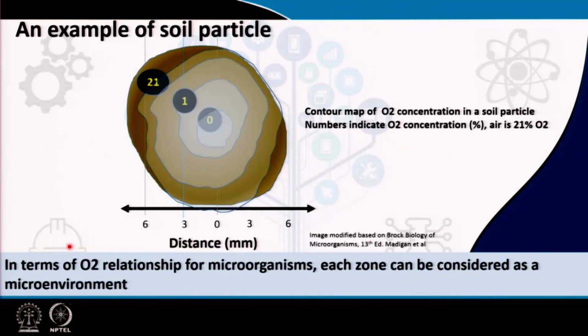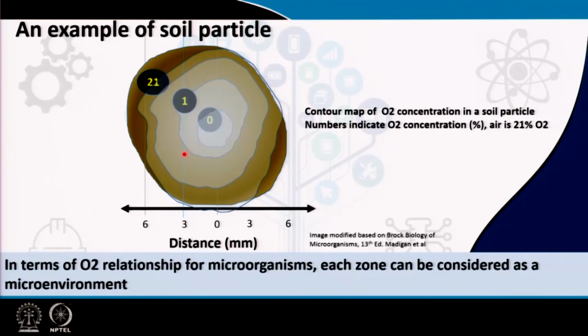Now, in terms of oxygen relationship for microorganisms, there are zones which typically lack oxygen, or have just 1% oxygen, 5% oxygen, 10% oxygen, or there may be 21% oxygen. So, there are numerous oxygen enriched zones, and each of these zones is going to prefer or allow growth of certain microorganisms within it.